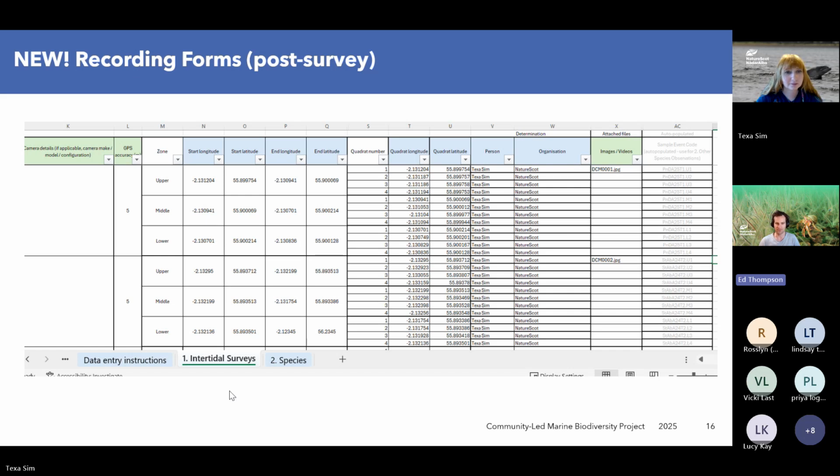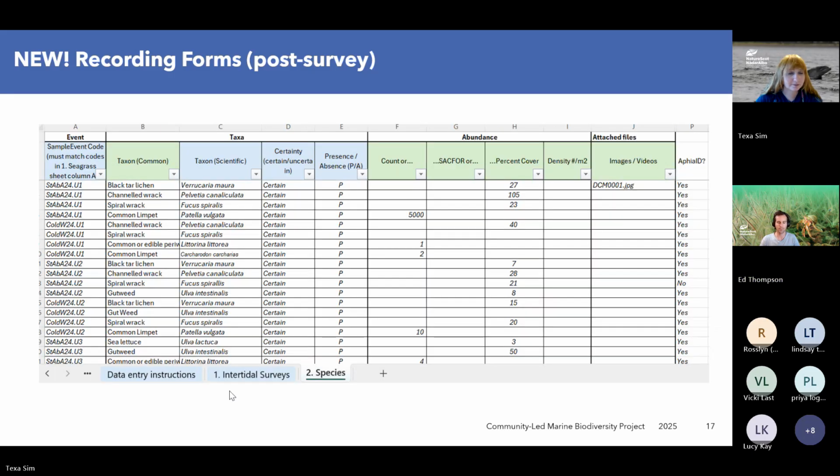And if you pop onto the next slide. So this is looking at the species tab. What we're trying to do here is link everything that we've done in the surveys tab with what we've actually seen. Marine Recorder only accepts things by AFIR ID.